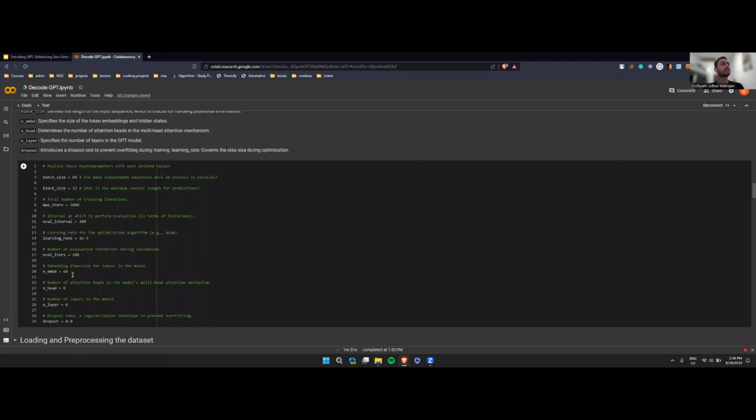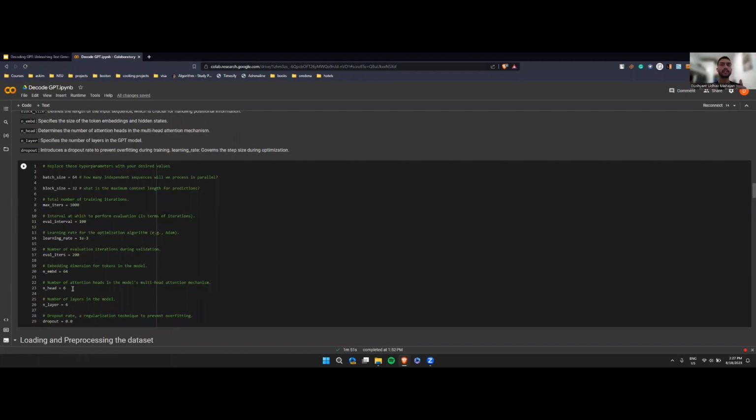Here, there are also these three that might be new, which are embeddings, heads, and layers. Embeddings are the representation of a single word. So if we have a single sentence, we are creating 64 dimensional embeddings for that sentence. Then we have heads.